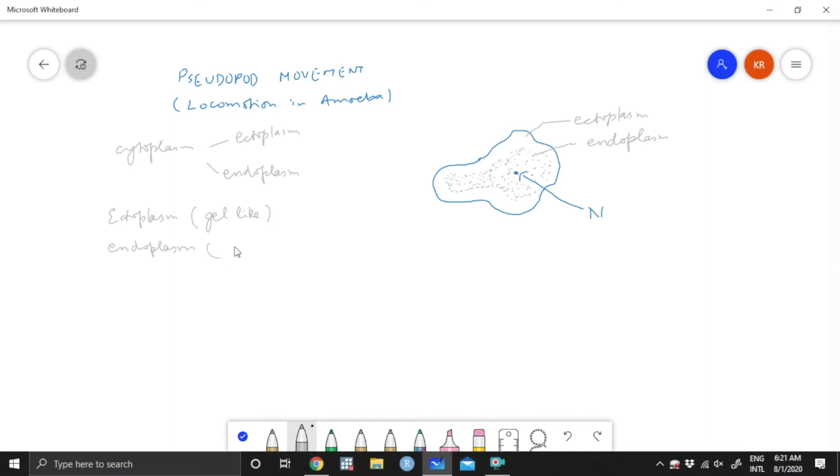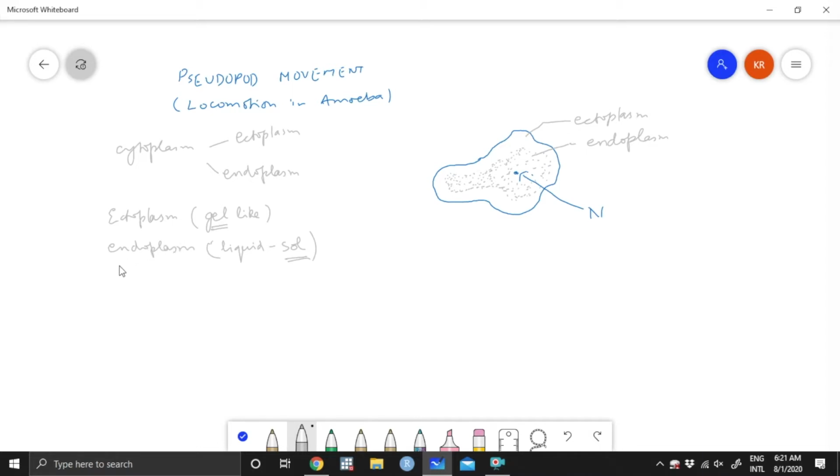Whereas the endoplasm is more like a liquid. So we call it as a sol. This is a gel. Now, why is it a gel and why is it a sol?